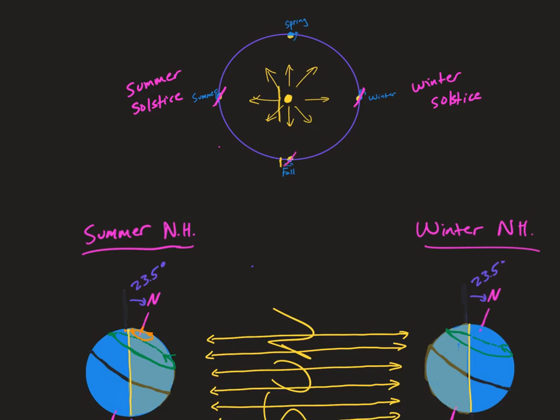And then the fall and the spring are going to be when it's tilted kind of compared to the path, not towards, not away from the sun. Those are called equinoxes. So it's the fall, or they call it the autumnal equinox. And the spring is going to be the vernal equinox.